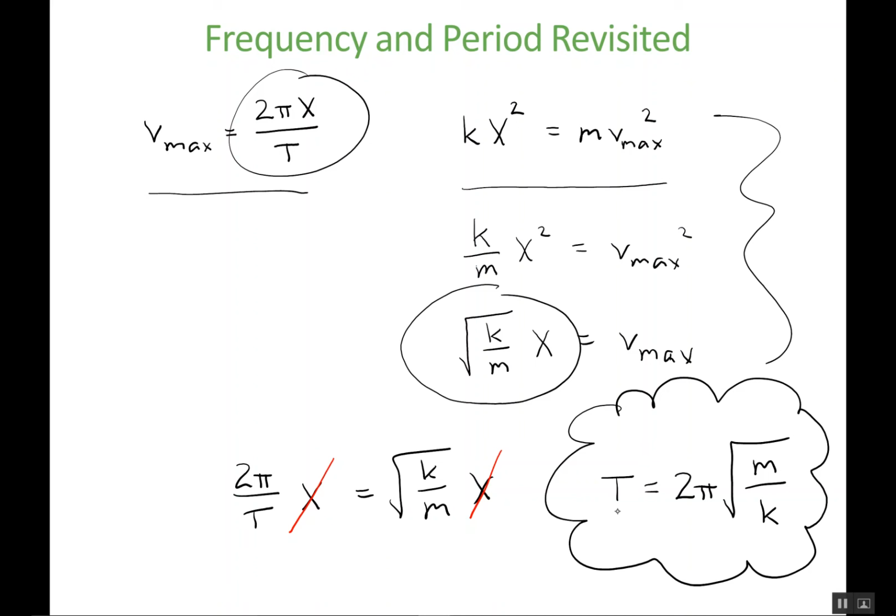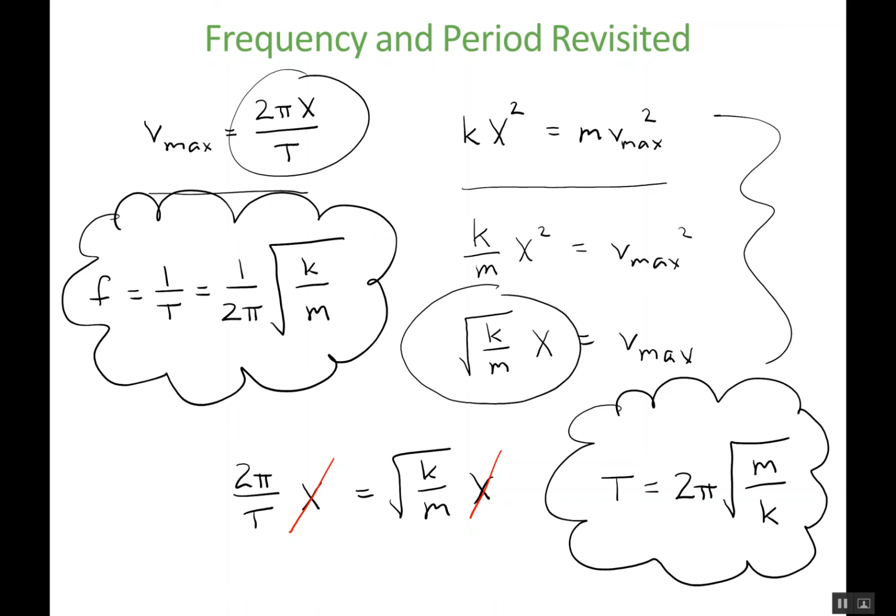And what we see is, again, the period does not depend on the amplitude. There's no capital X in this equation. That's exactly what we saw in the demos earlier. The period gets bigger as the mass gets bigger. Again, we saw that in our demonstrations at the beginning. And the period gets smaller, the oscillations get faster, if the spring is stronger, if k is bigger.